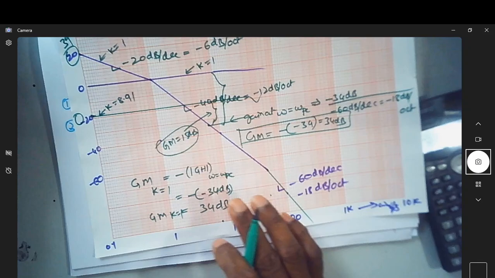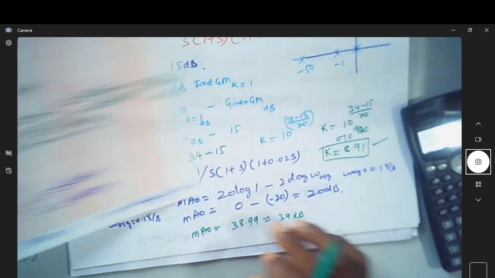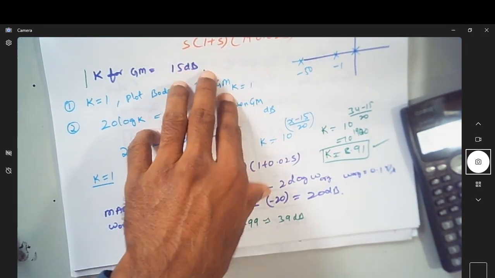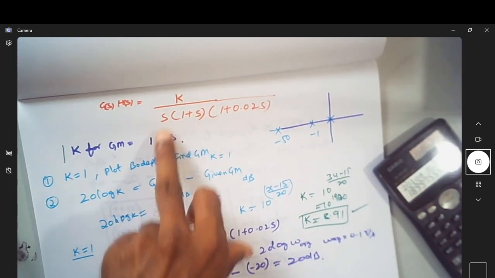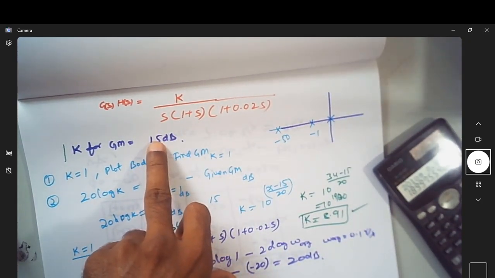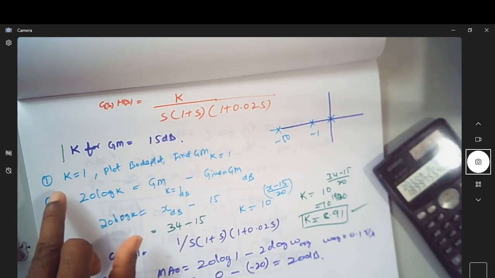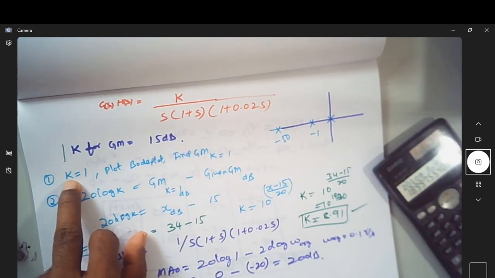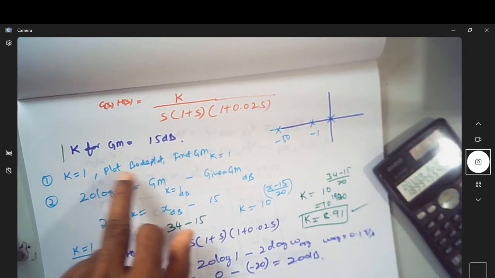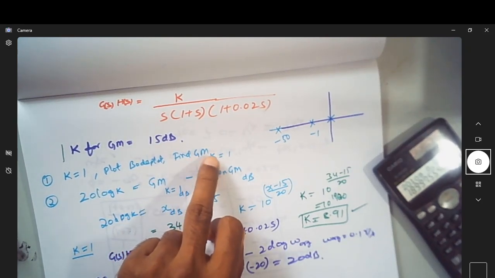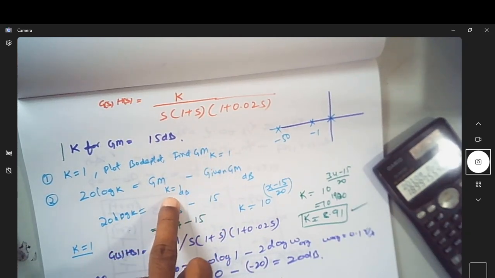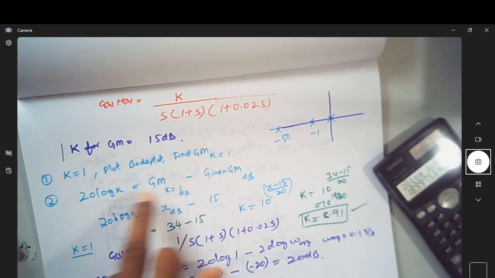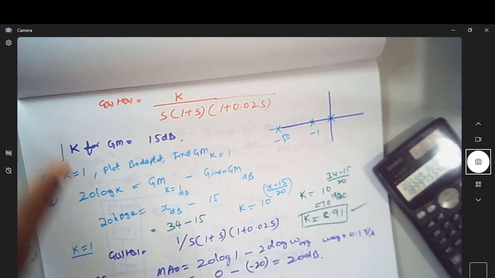So let me repeat this again. The problem was we were asked to find the value of K for a gain margin of 15 dB. Now what is the procedure? The procedure is to assume the value of K is equal to 1, plot the Bode plot, and find the gain margin with K equal to 1. Once you know the gain margin with K equal to 1, you use this equation to find the K for a given gain margin.